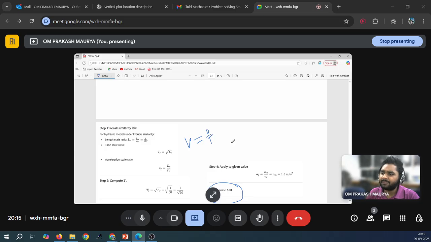Distance by time. So you can write time is equal to change in position divided by velocity.